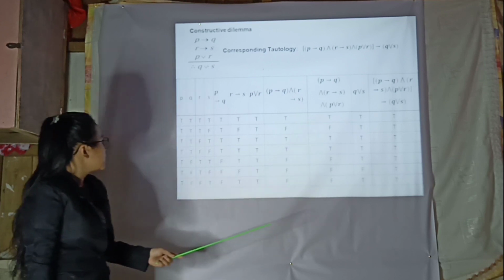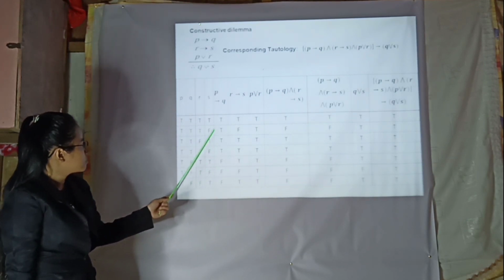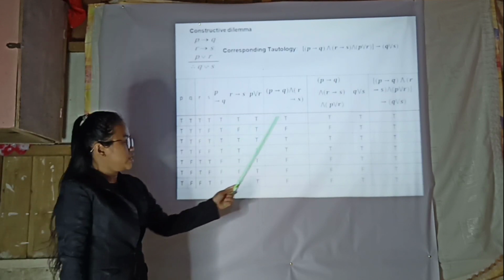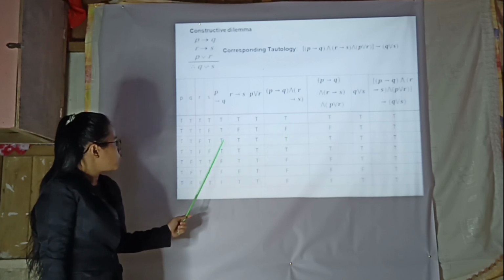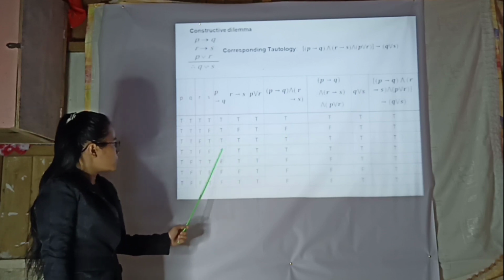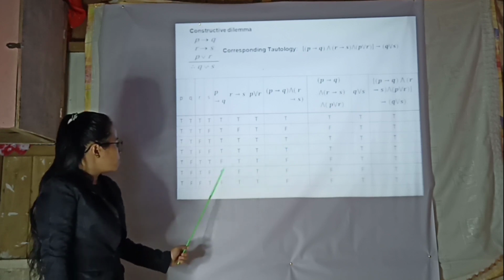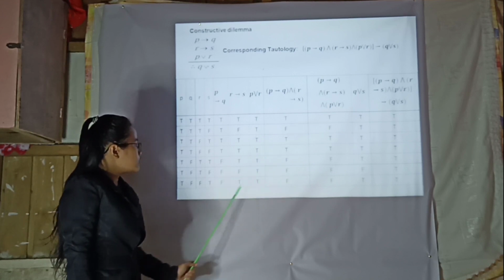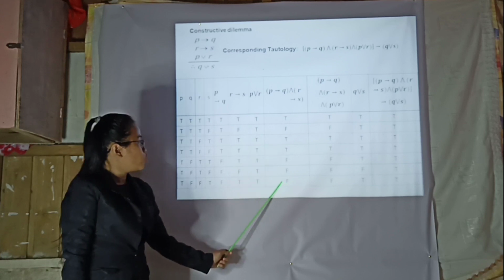Then S. So true is true. True, false is false. True is true. True is true. False, true is false. False is false. False, true is true.